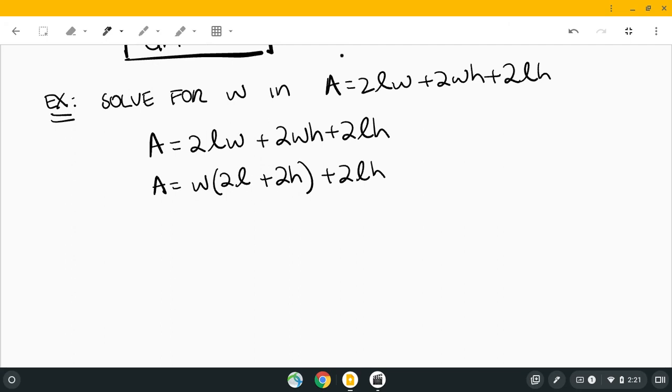Now I can start my solving. I want to work my way to getting this W all by itself. So I'm going to subtract this term. Subtract 2LH from both sides.